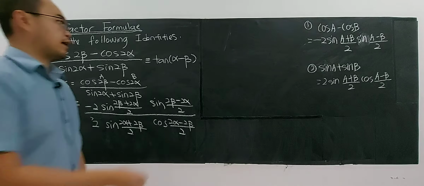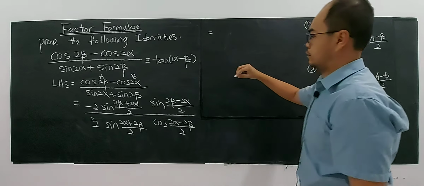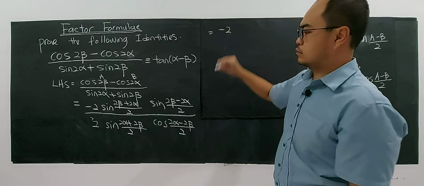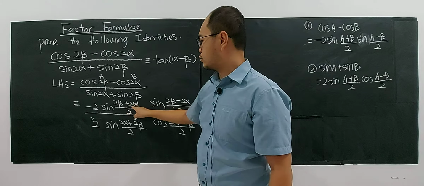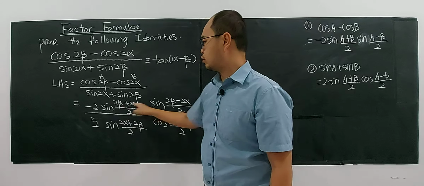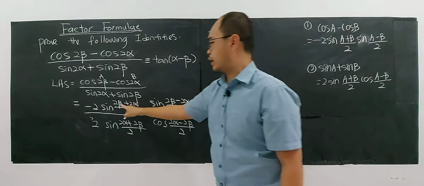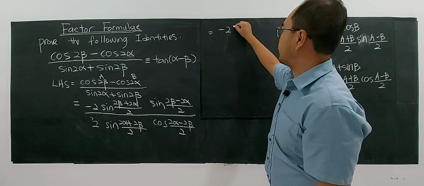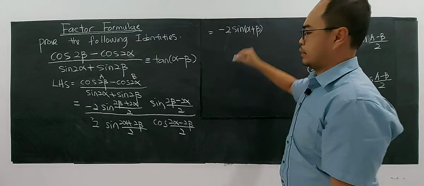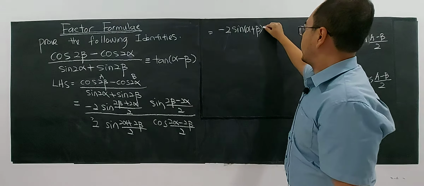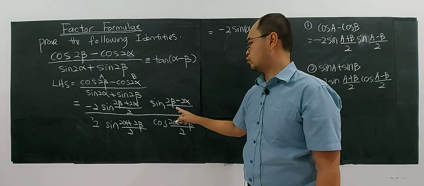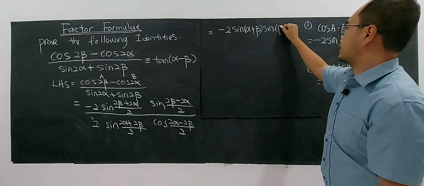Finally, for the numerator I have negative 2, 2 beta plus 2 alpha divided by 2. Simplifying, you have beta plus alpha, which can also be written as alpha plus beta. They are the same. And for sin, 2 over 2, you have beta minus alpha.